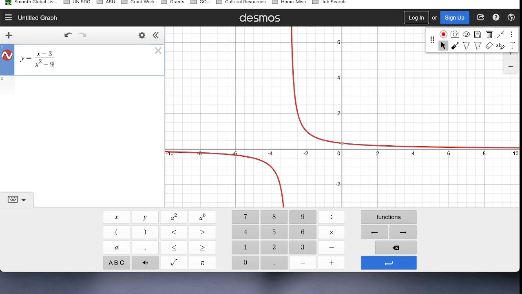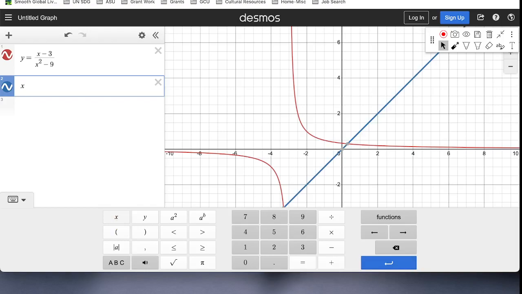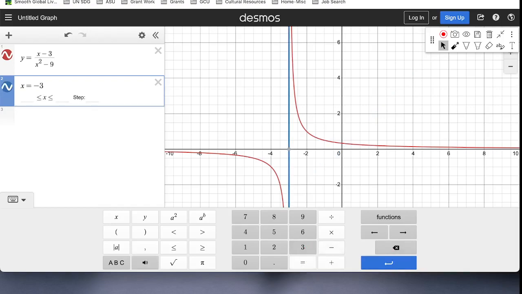And we do see the asymptote here at negative 3. So I'm going to put that in, x equals negative 3, a vertical line. We see that that seems to fit well.